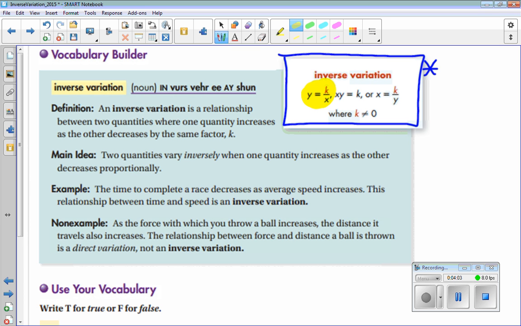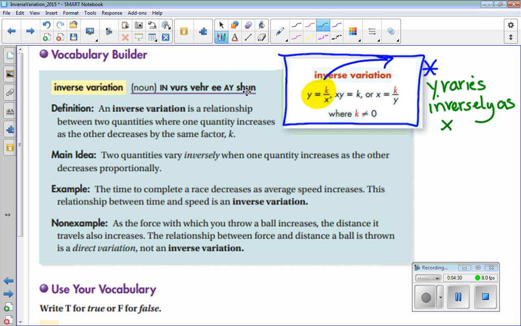The one that I've highlighted is really the one that we tend to use. And it's going to say something like y varies inversely as x. And so that's what I want you to write. What I've highlighted here, the sentence that goes along with it, is y varies inversely as x.